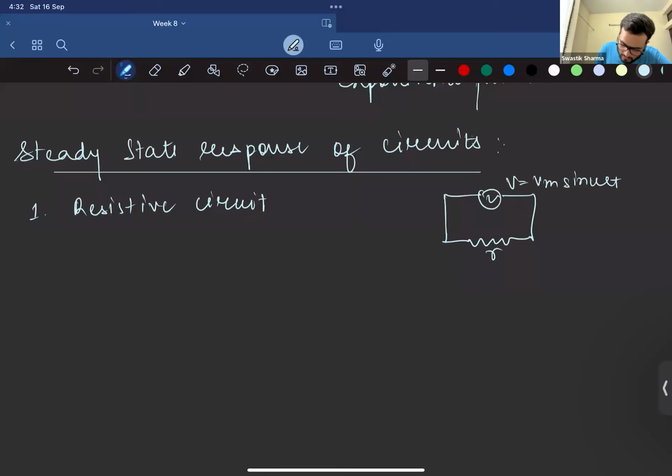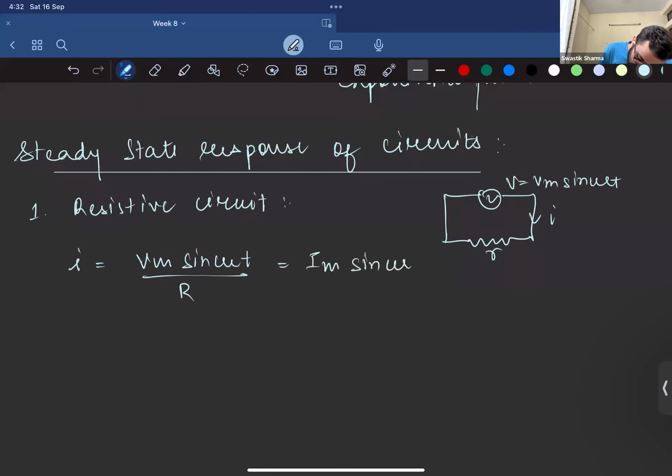So how would the current look? The current is nothing but the voltage divided by the resistive value, which can be represented as Im sine omega t, and this Im is nothing but Vm by R. And you can see that a resistive circuit has produced no phase difference between the voltage and the current. It's the same. There is no phase difference between both of them.